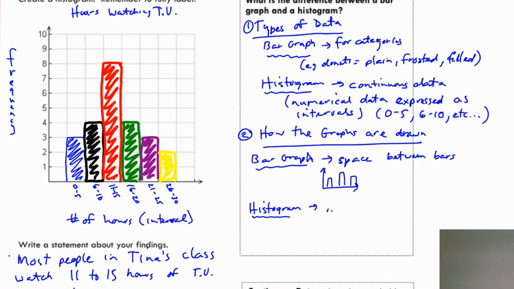All right, so there's no space between the bars. We would have different bars, different heights, all in comparison. Right, such as that. Good.